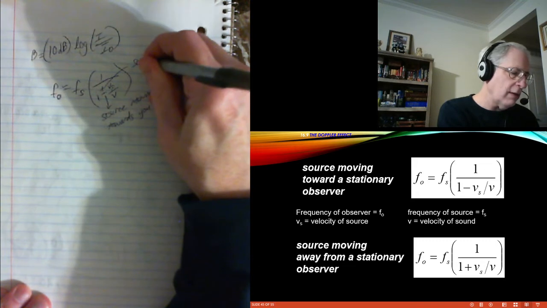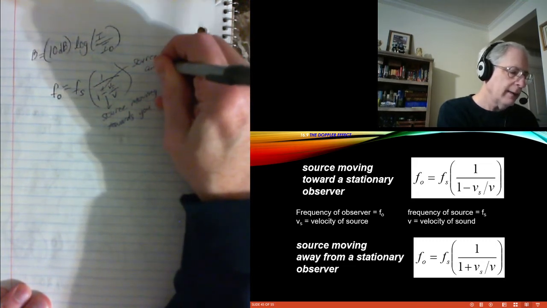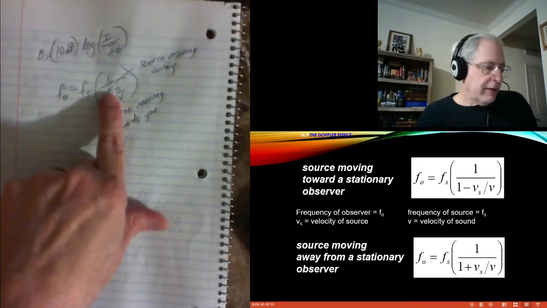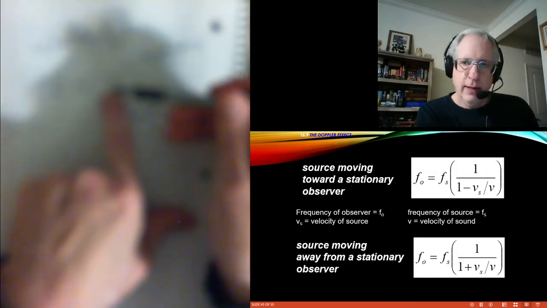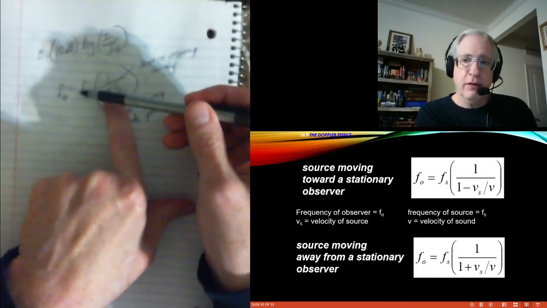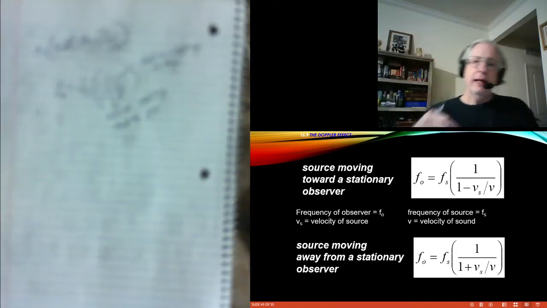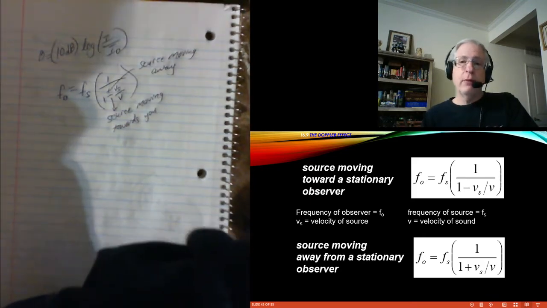It's positive if the source is moving away. So if it's plus, then this denominator is going to get bigger, right? And that's going to make the frequency appear smaller. So if it's moving away from you, that's going to make the wavelength bigger, which makes the frequency smaller.